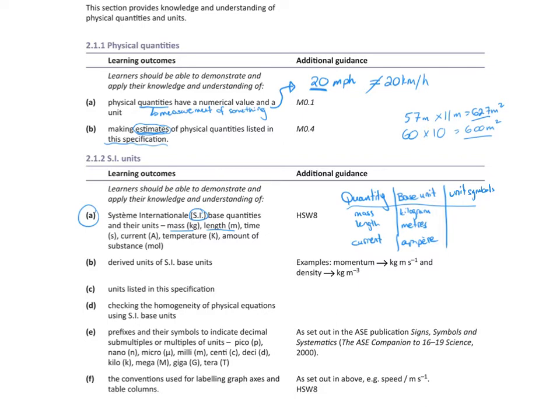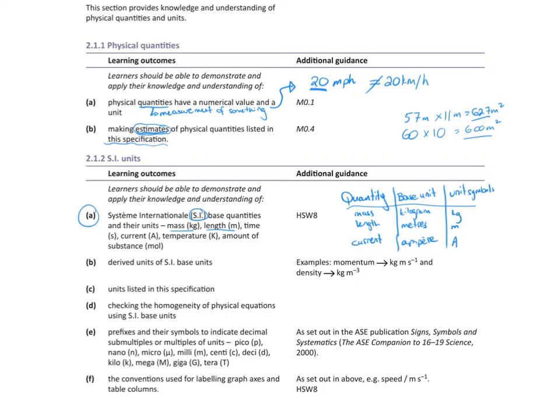When we are using symbols for units that are named after a person, then the symbol has to be capital. If it's not named after a person, then it has to be lowercase. For example, kilogram is not named after a person, so it has to be all lowercase letters, so kg. For length, it has to be meters in lowercase m because it's not named after a person, but current is named after a person, hence the unit symbol is capital A.